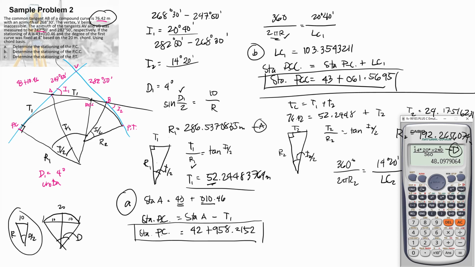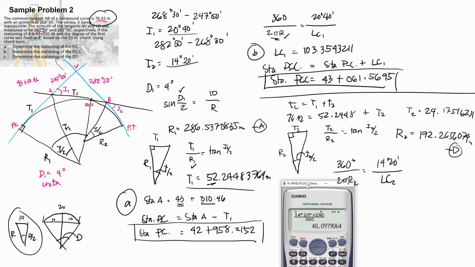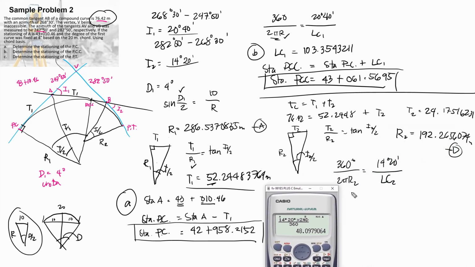So, 48.0979. So, LC2 is equals to 48.09799064 meters. Therefore, station PT is equal to station ni PCC plus length of curve 2.